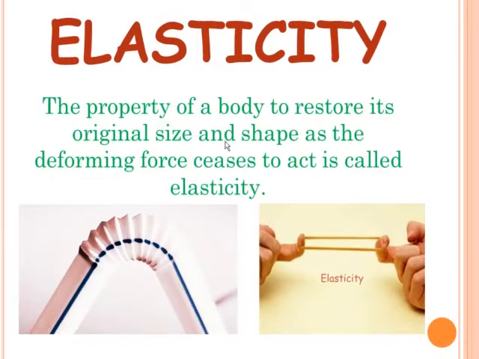That is called elasticity. As you can see in this picture, this straw which is bent, when we stop applying the force, or the deforming force ceases to act, it comes to its original shape. Just like this rubber band.